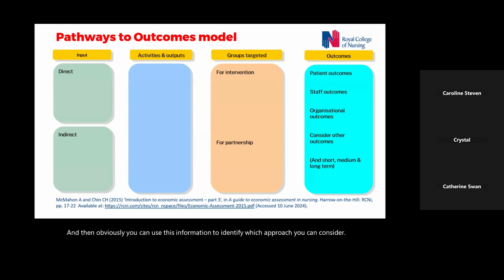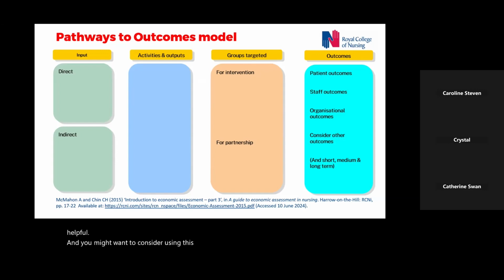So here we have an example of a pathways to outcomes model that you could find helpful. You might want to consider using this as a framework and a tool for understanding and demonstrating value.